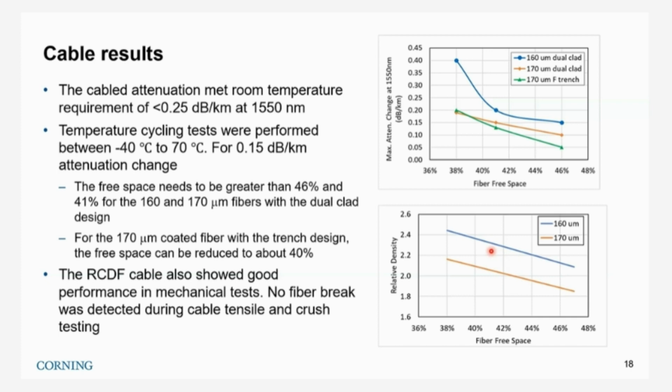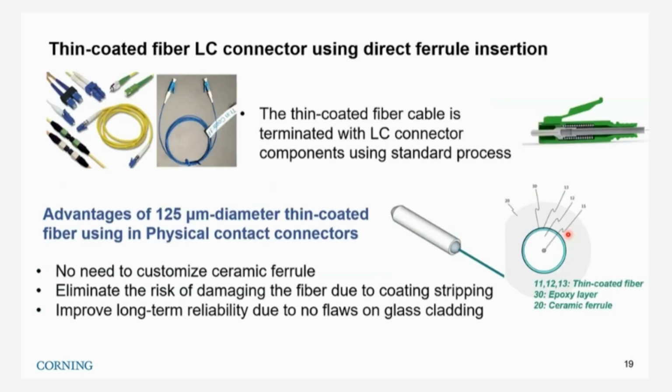Basically, if you reduce the coating diameter, the fiber is much thinner, then you can allow a little more free space to reduce microbending. For both 160 and 170 micron coating diameters, the free space range changed slightly, but we still can have a density improvement factor of over 2 for the two coating diameters.